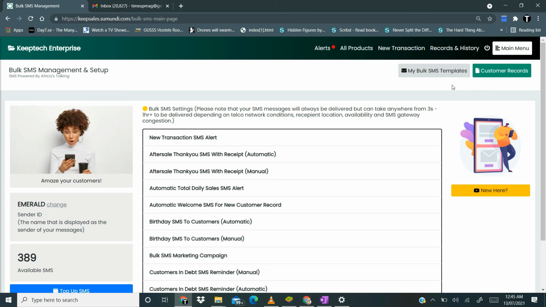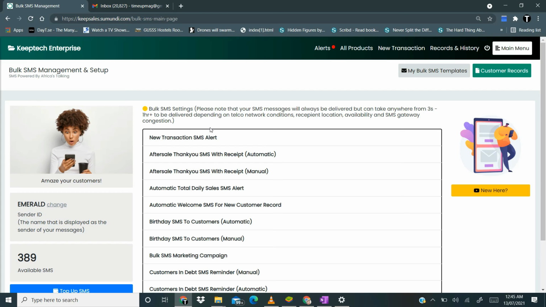And also one final thing that you find here is it says, please know that your SMS messages will always be delivered but can take anywhere from 3 seconds to 1 hour plus to be delivered depending on the telco network condition, the recipient location, availability, and SMS gateway congestion. So these are very technical terms.